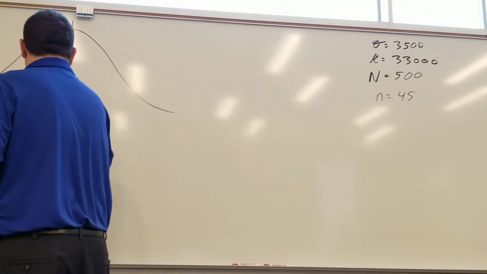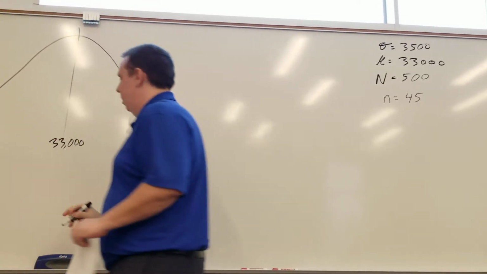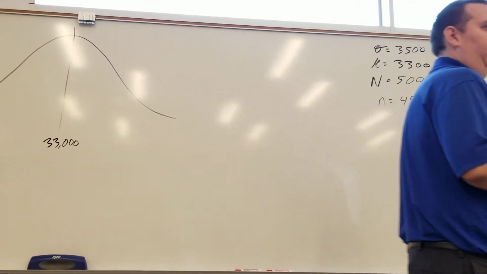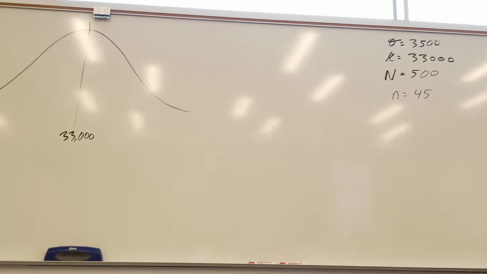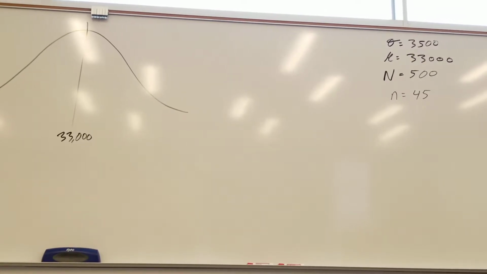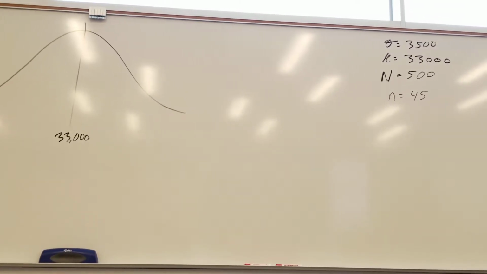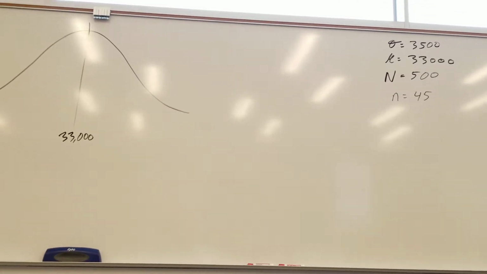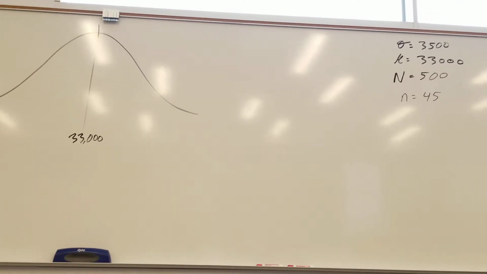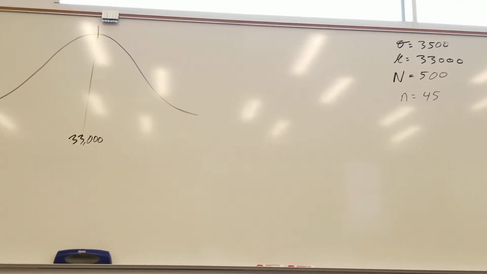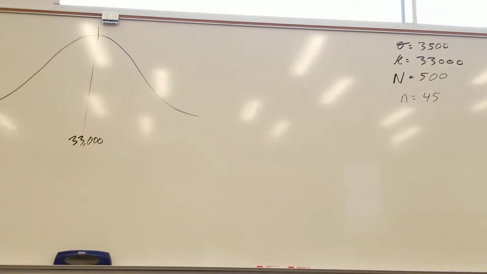All we need to do is show that our mean is 33,000. Now, what else do we need to do? See if we can use the finite correction.